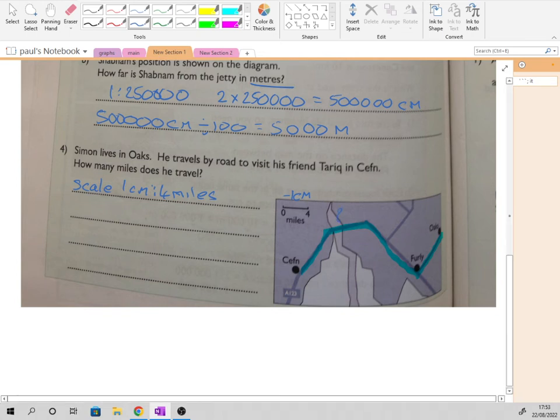So all that distance is 8.5 centimeters, all the way from Severn to Oaks. So I need 8.5 times 4, which equals 34 miles. Ooh, okay.